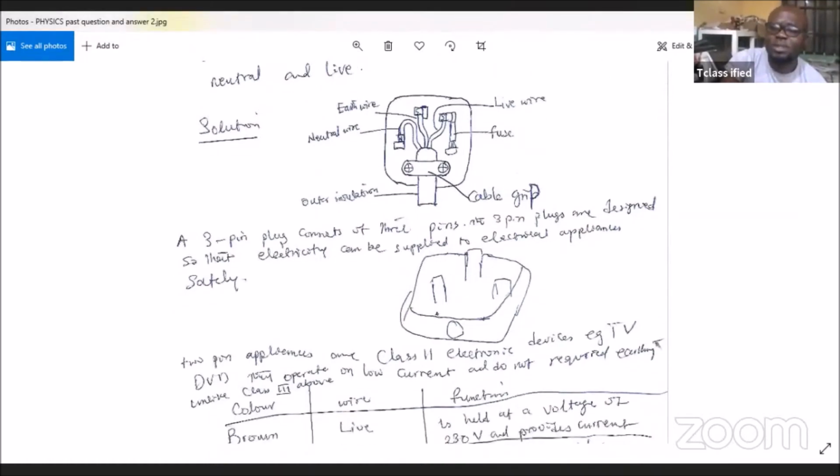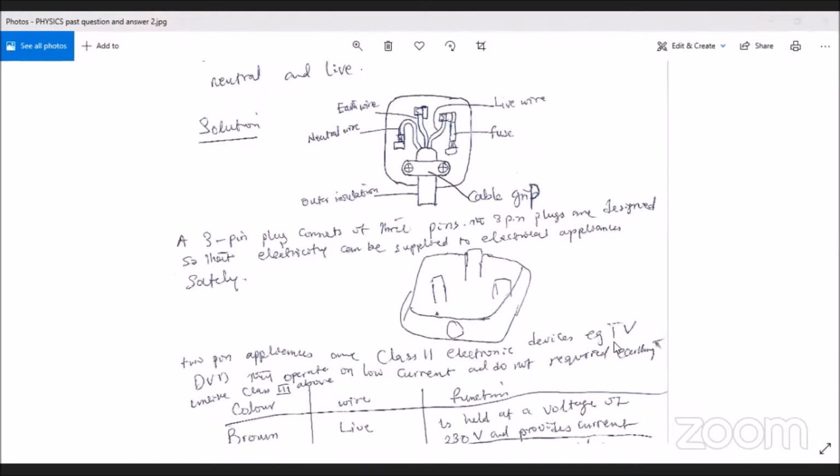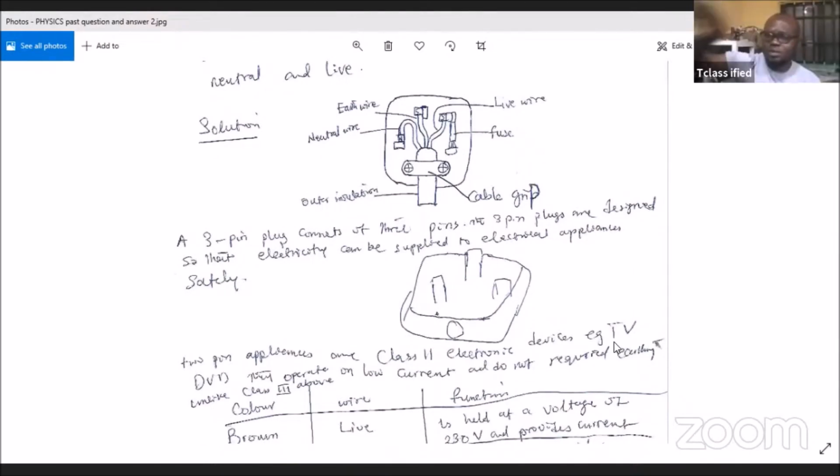You know what a plug is? Chika, do you know what a plug is? Yes, sir. That outlet that lets you plug something to the wall or to the switch so that you can use it. So most of them have 3 pins. So that's why they call them 3-pin plugs. The ones having only 2 pins are known as 2-pin plugs.